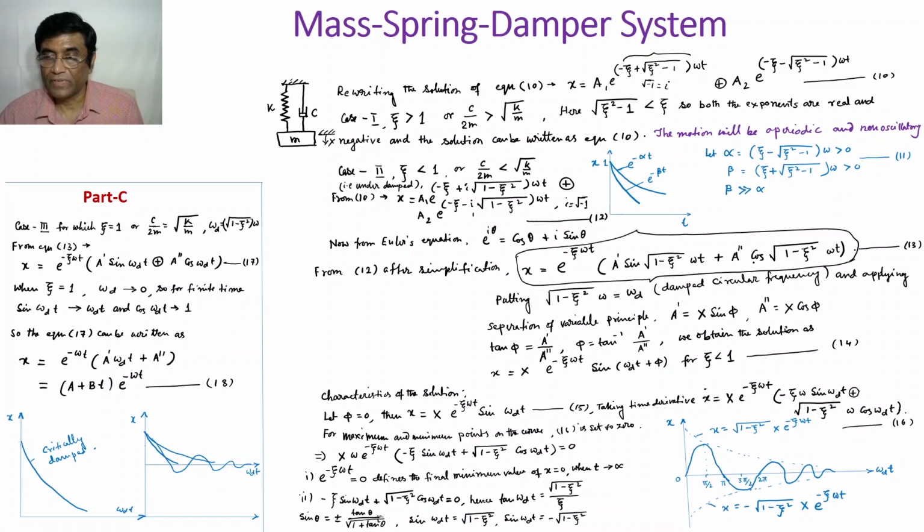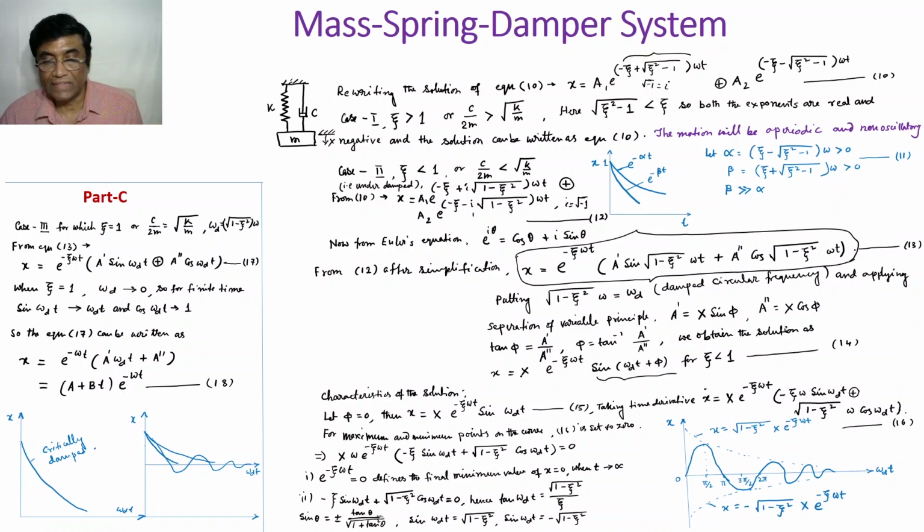And if you apply the separation of variable principle, a prime equals X sine phi, a double dash equals X cos phi, and tan phi will be this, phi being the phase angle. We obtain the solution as small x equals capital X e to the power minus zeta omega t times this. So you see, this quantity has a dampening effect on the oscillation.